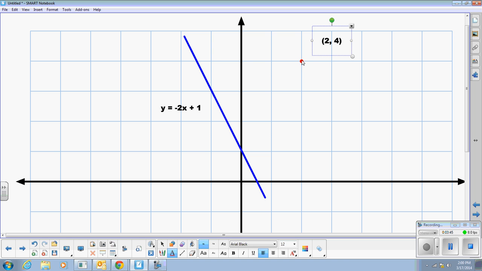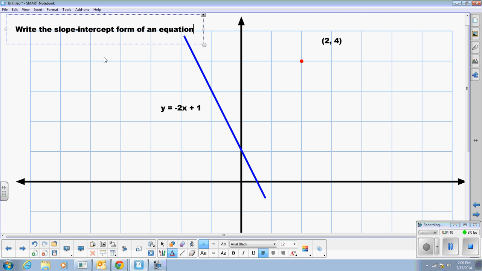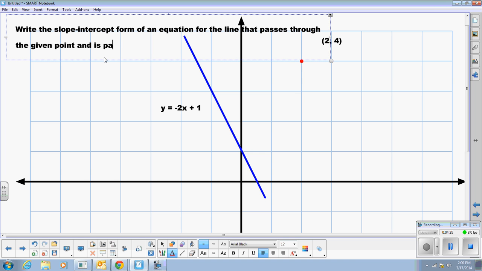The direction in your book will read something like this: write a slope-intercept form of an equation for the line that passes through the given point and is parallel to the graph.